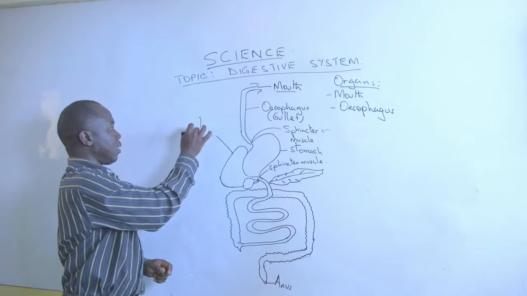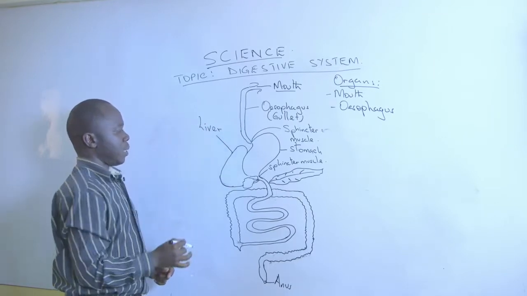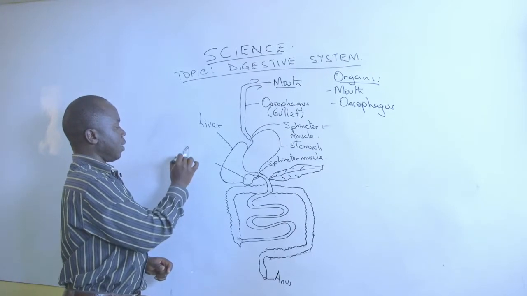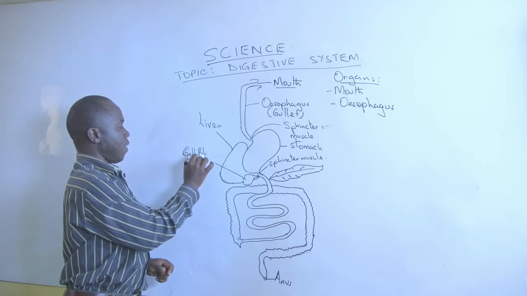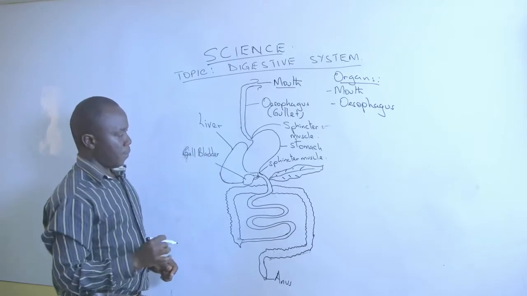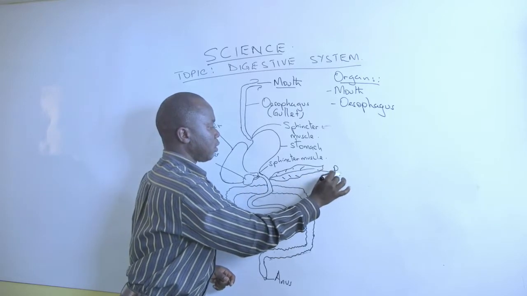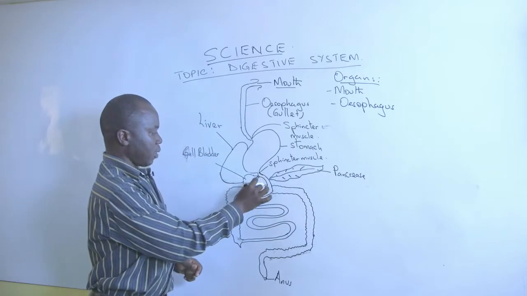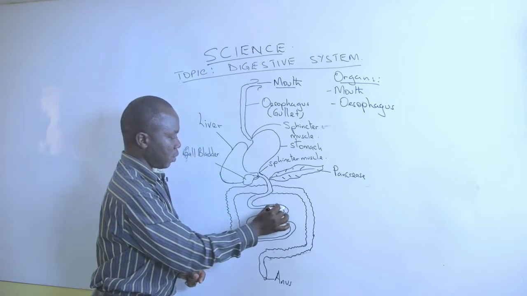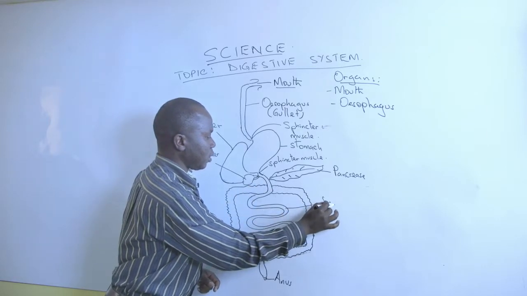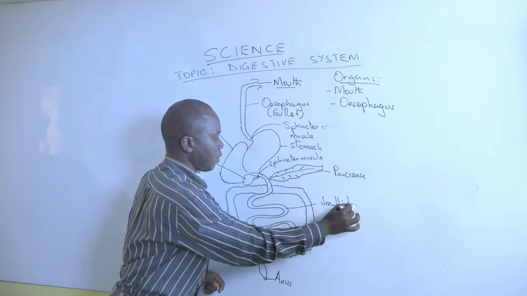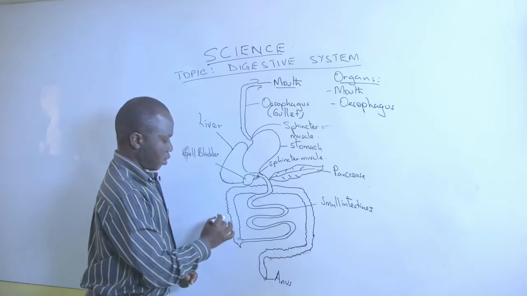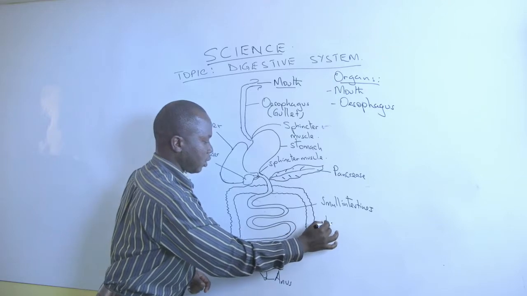We have the liver, and close to the liver we have the gallbladder, and then we have the pancreas. And then from the stomach, it runs into another structure, the small intestines, which connects to the large intestines.